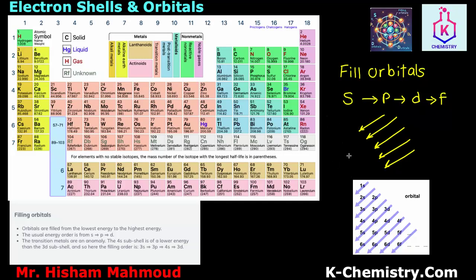Let's see first what these symbols 1s, 2s, and 3s are, and explain what they mean. The 1s is actually the s orbital which is found in the first floor.